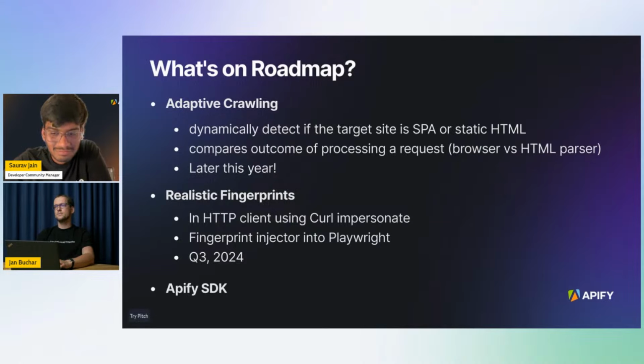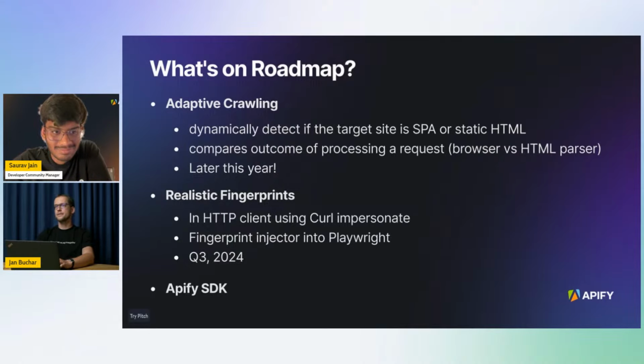We are still missing the actual injection of user agents based on real life data, but it already does TLS handshake impersonation, which is pretty cool. We will also have a fingerprint injector for Playwright, so this will work both in HTTP only mode and in a browser. And this is planned to be finished in this quarter of 2024.